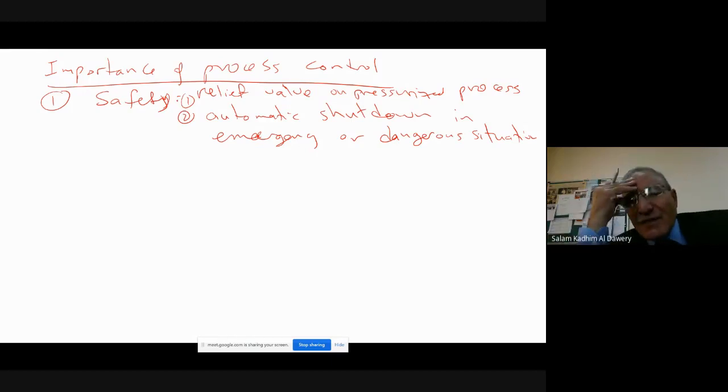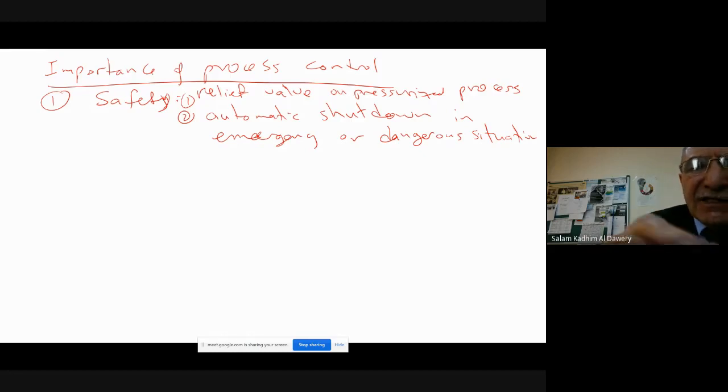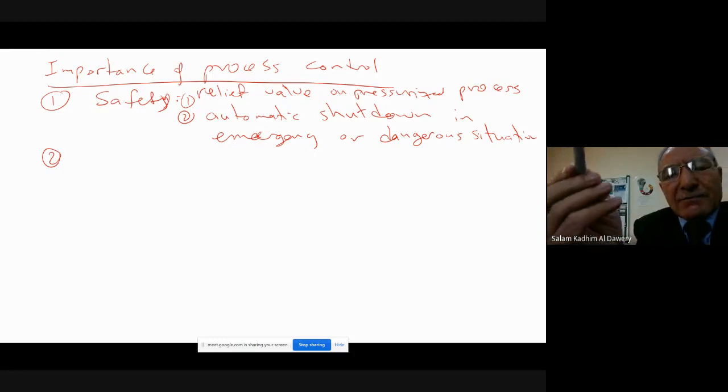In some reactions, for example benzoic acid production, if you reach a certain temperature, your material will solidify and even your equipment gets damaged. This is regarding safety. These are brief, but more details will be given in two types of lecture notes I'm going to give you. One has more details, and the other is lecture notes from a previous student. So you will have two types.